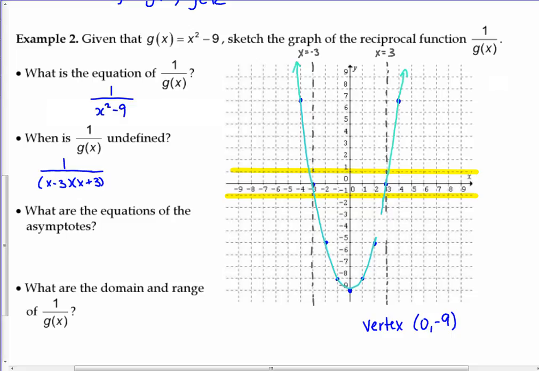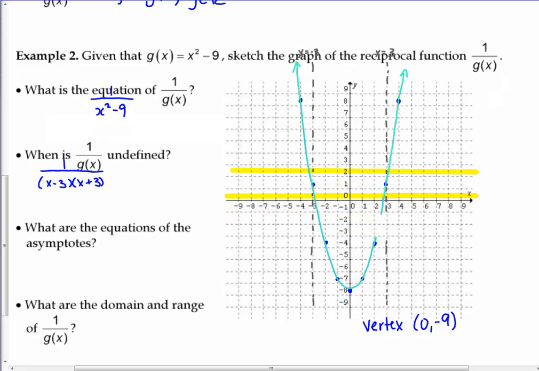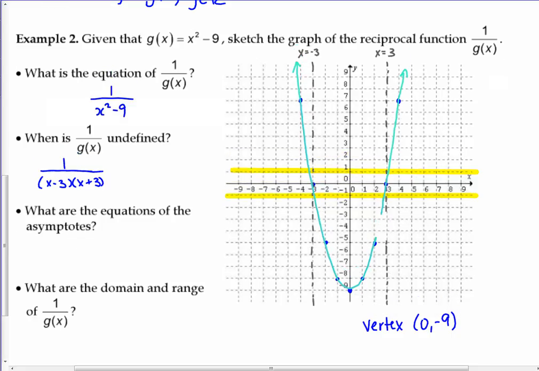Oh, what happened here? I erased it. That's so weird. Okay, so I'll just do a different color. Lost it all. So here's purple. Okay, y equals 1 and negative 1.